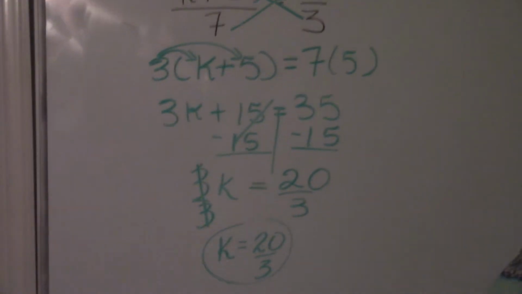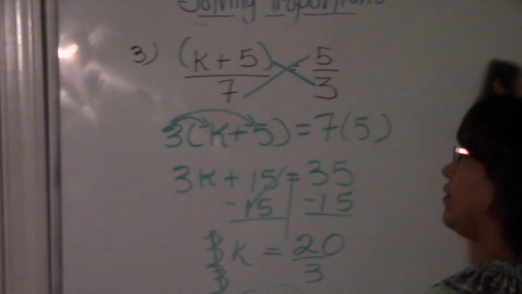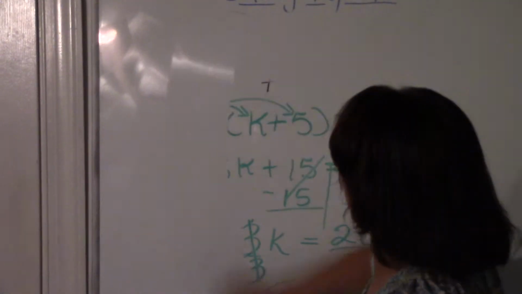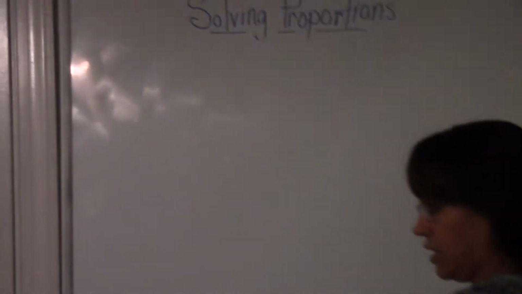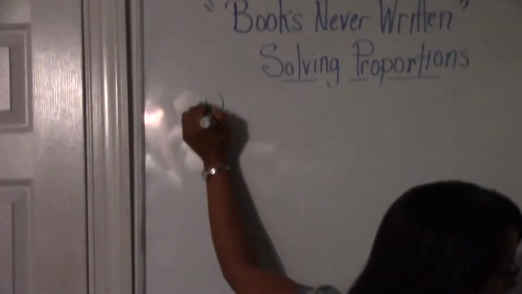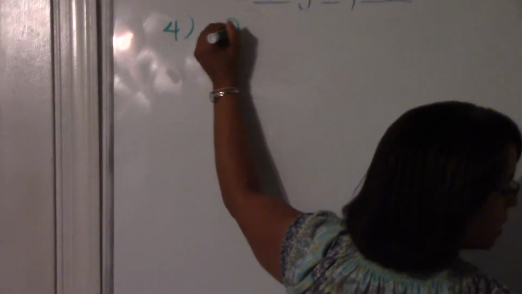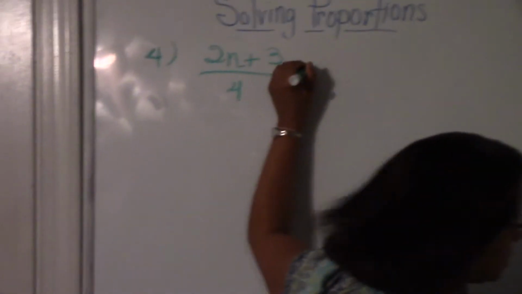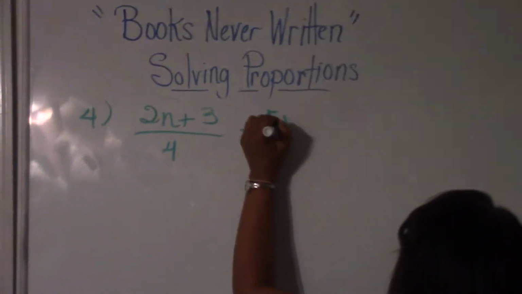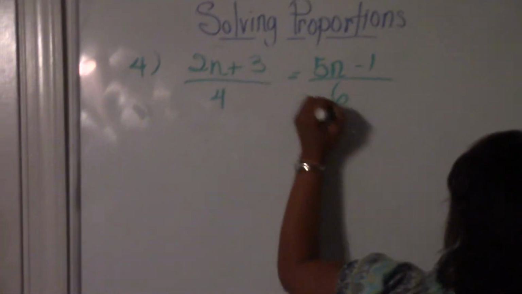And for your very last example, we'll just do a problem where you have a binomial on the bottom instead of two binomials like in the numerator. So for number 4, I like these because they give you more practice with setting up and solving proportions. 2n plus 3 divided by 4 is equal to 5n minus 1 divided by 6.